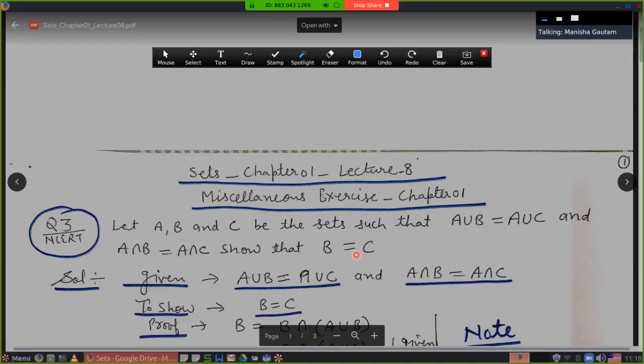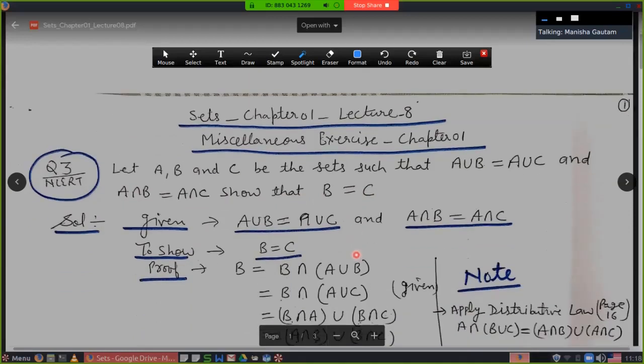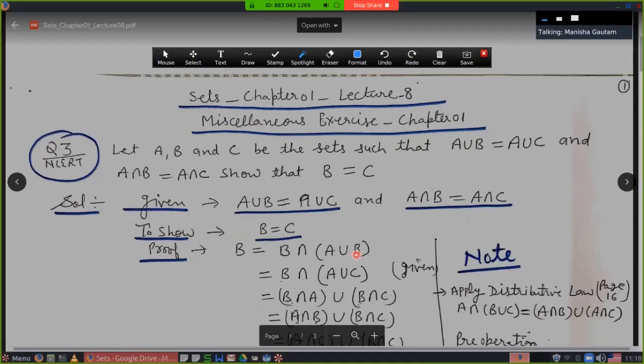Now in this question, I will give you an idea which is different from the previous one. Here we will use only properties. I will not take any element, I will just use properties to prove the question. Now, to show B is equal to C, I have taken the left hand side B, and B can be written as B intersection A union B. Now check it.